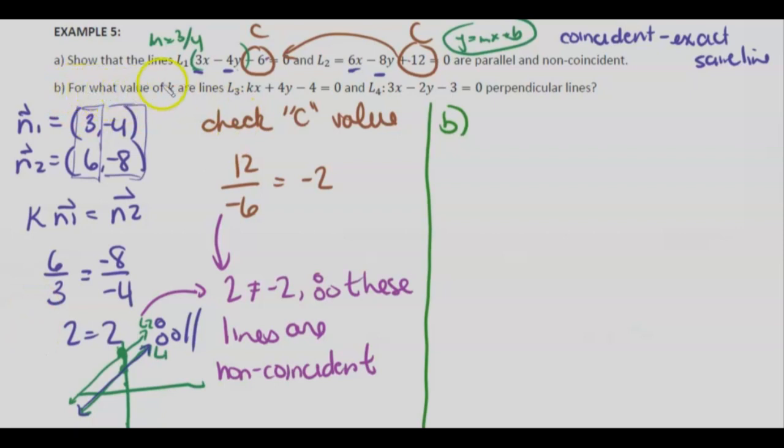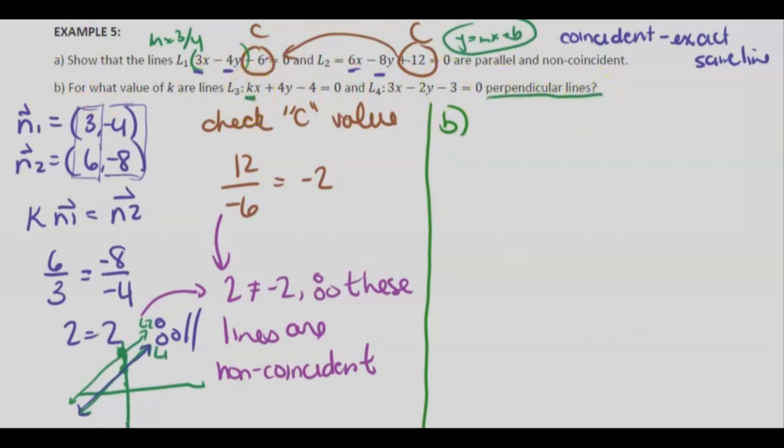So B: for what values of k are lines L3, Kx plus 4y minus 4 equals 0, and L4, 3x minus 2y minus 3 equals 0, perpendicular? So we have 2 lines given to us in Cartesian form, and we want to know when they're perpendicular.